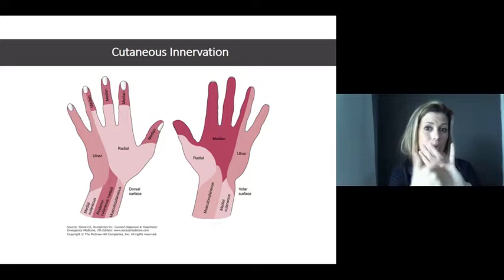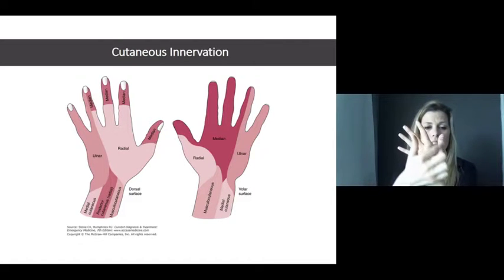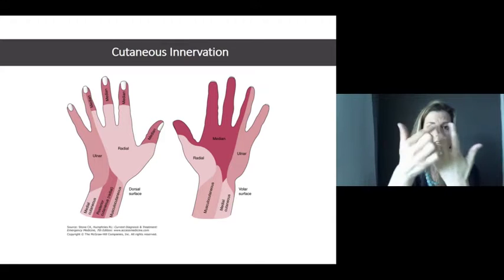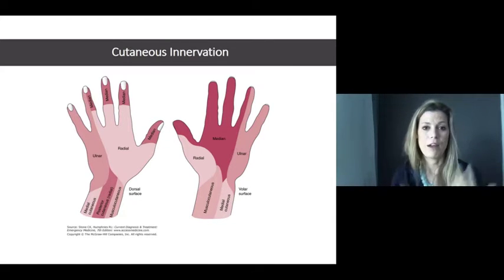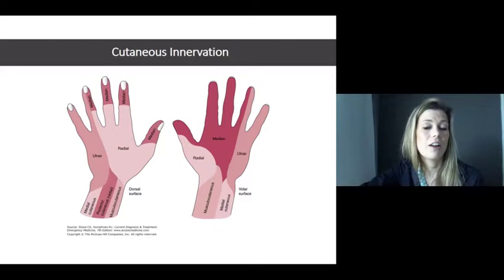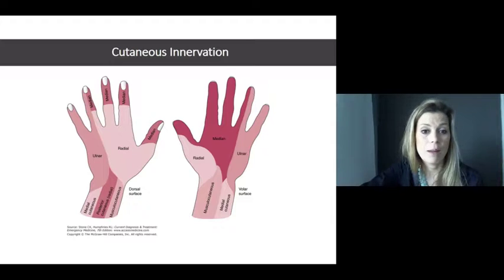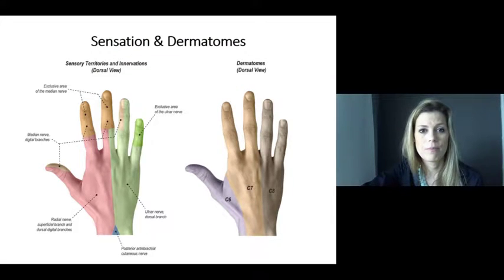Remember, the other half is ulnar. On the dorsum aspect, it'll be the tips of the thumb, the index, the middle, and half of the ring finger. So oftentimes it's a puzzle trying to figure out how their symptoms are matching up with which nerve might be involved.